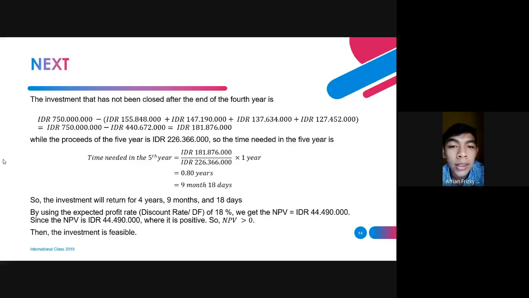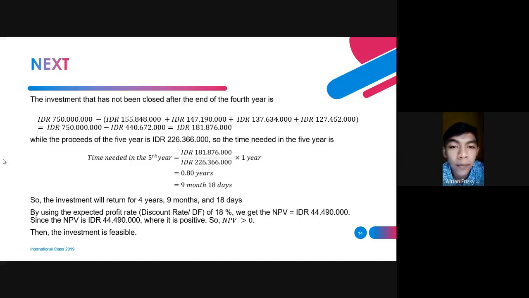Then, by using the expected profit rate or the discount rate or DF, where the DF is 18%, we get the NPV, or net present value, of 44 million and 490,000 rupiah.